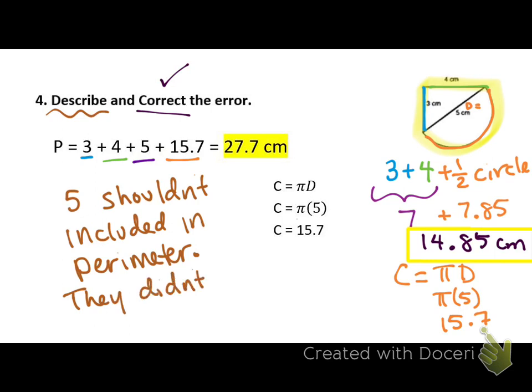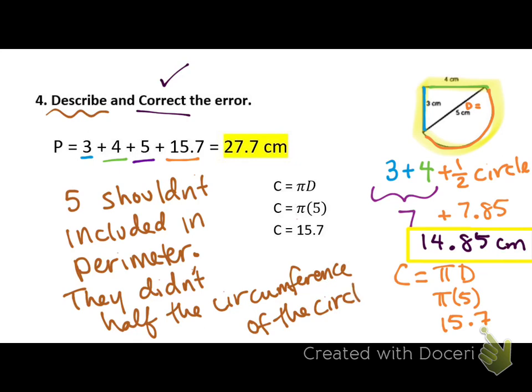This is a really simple way to say it. They didn't half the circumference of the circle. So this would be our description, something explaining both problems in this problem. You can pause to finish writing that down.